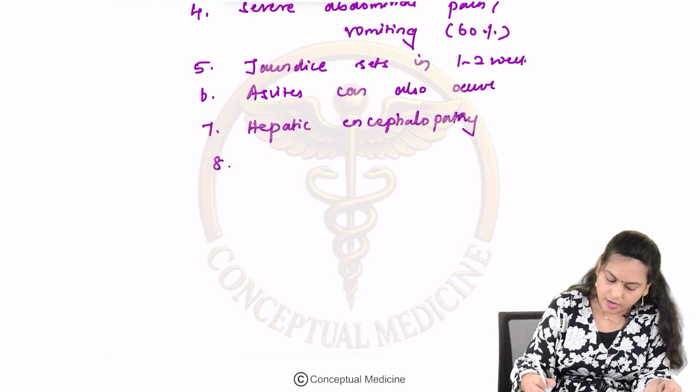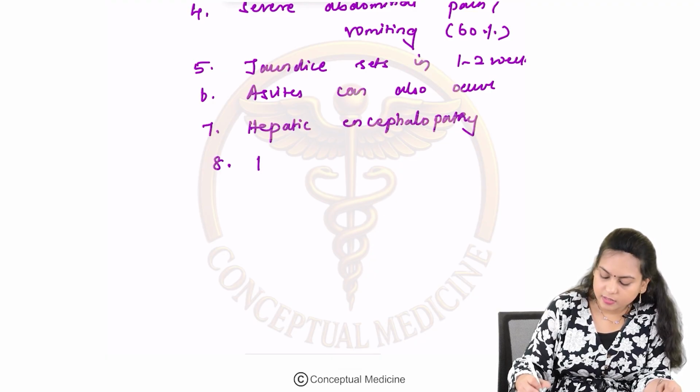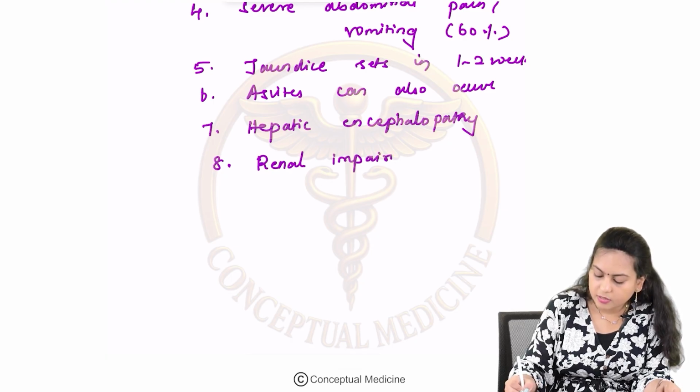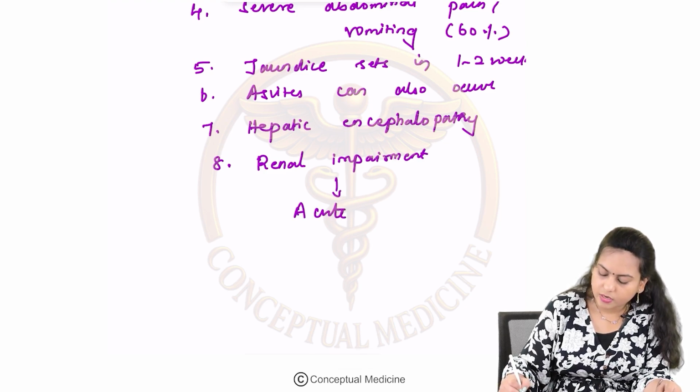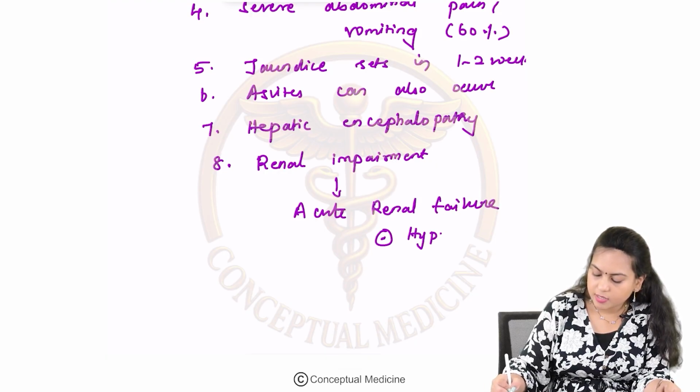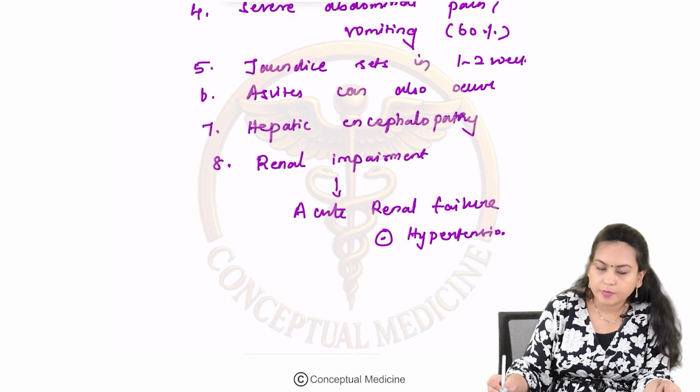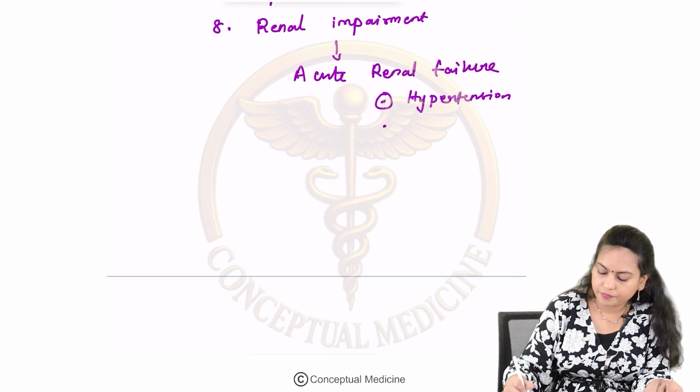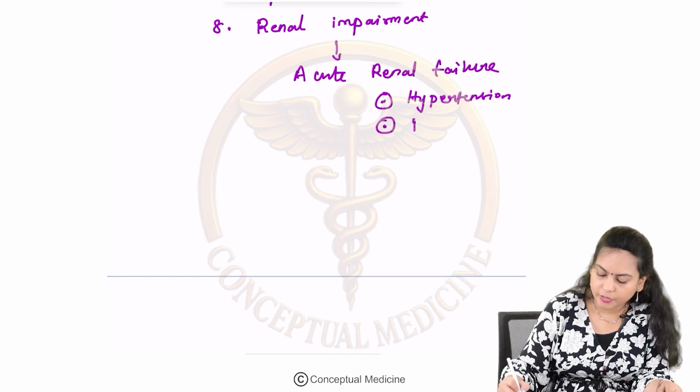Okay, and there is chance of renal impairment that can result in acute renal failure, which can present as sudden onset rise in BP, or there can be proteinuria.